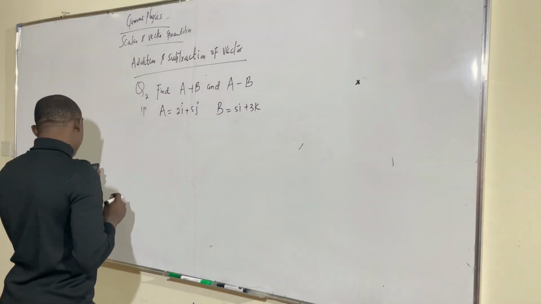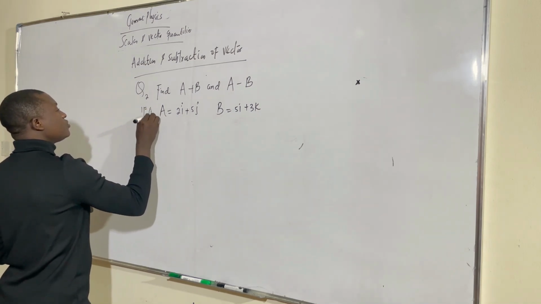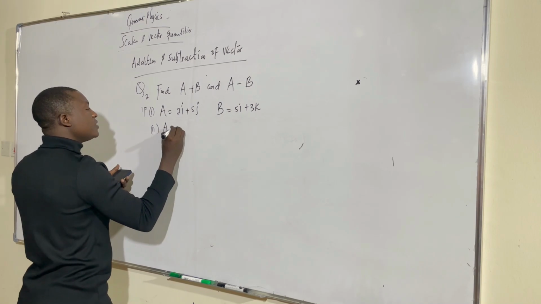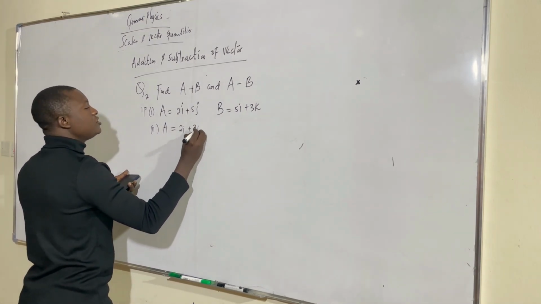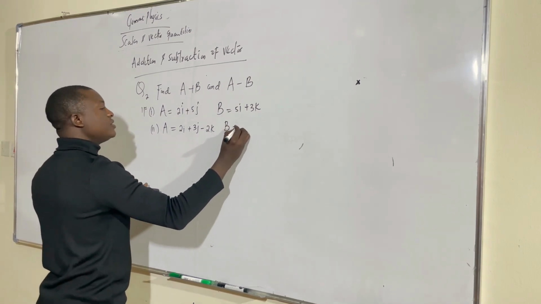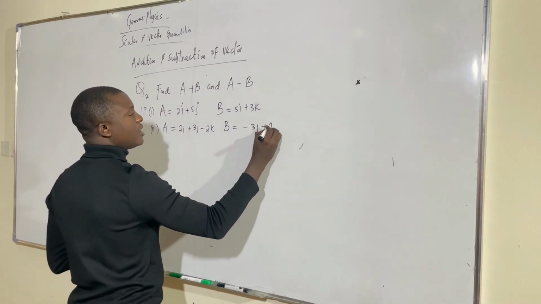So now we have to find the value of a plus b. Okay, it's two questions. Let me just write them together so that we have a here today. So a is equal to 2i plus 3j minus 2k, and we have b to be minus 3j plus 2k.